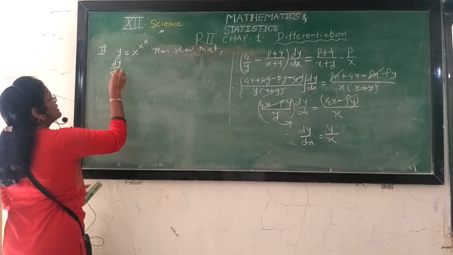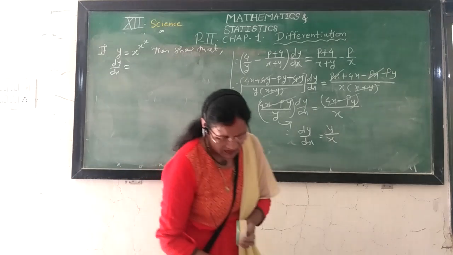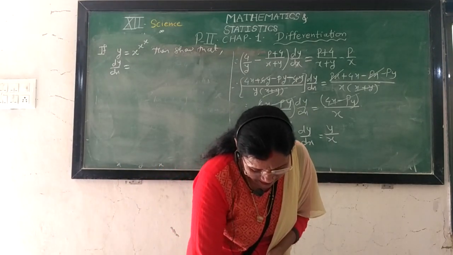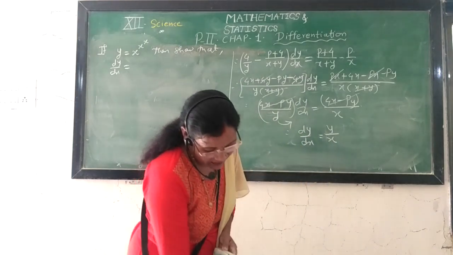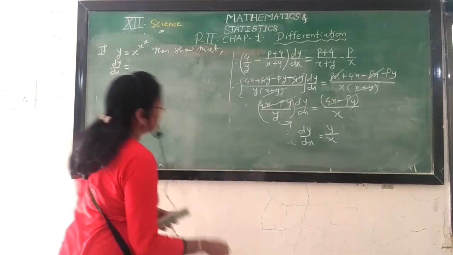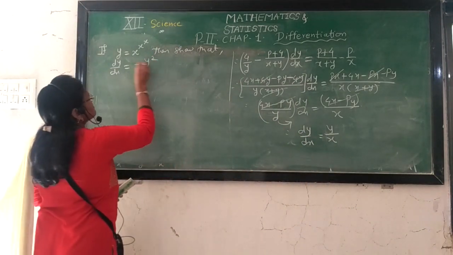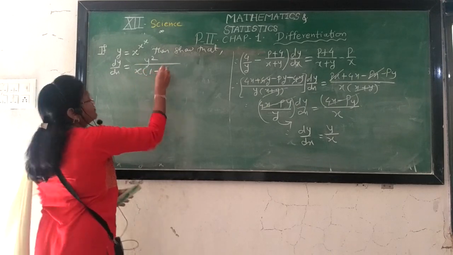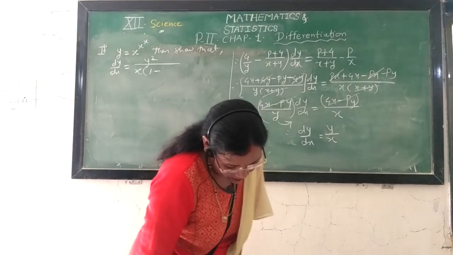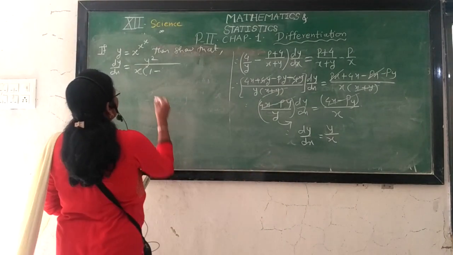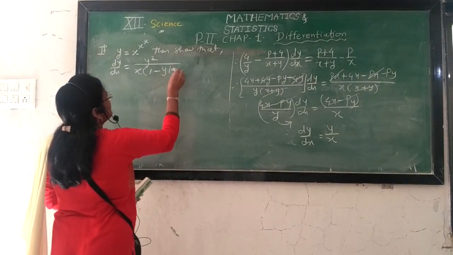dy by dx is equal to... In your textbook that answer is wrong, but the final answer we take is y square upon x into (1 minus y log x).